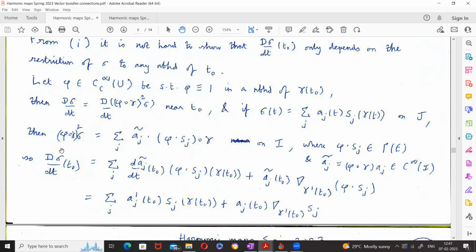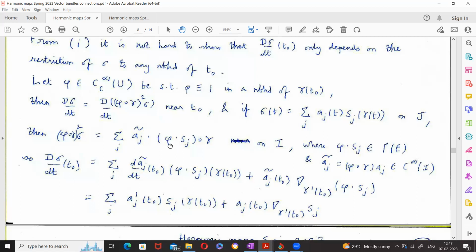So then by the Leibniz rule, we're assuming that this D sub dt satisfies the Leibniz rule. Applying it to this sum, this will be sum over j of d dt of aj tilde at t naught into phi times sj at gamma of t naught, plus aj tilde at t naught into the covariant derivative of phi times sj composed with gamma.